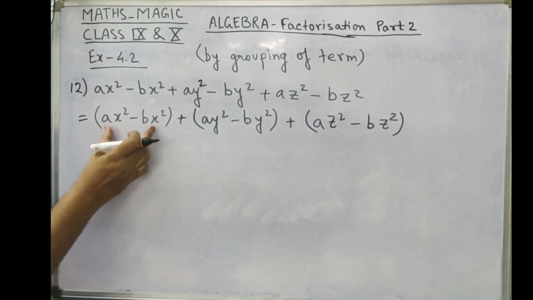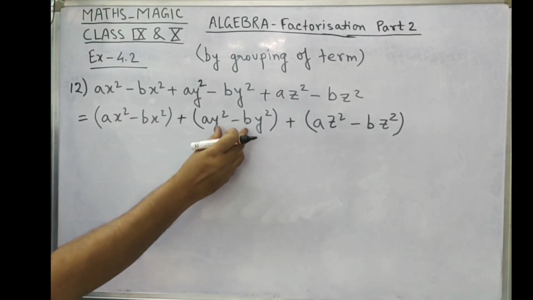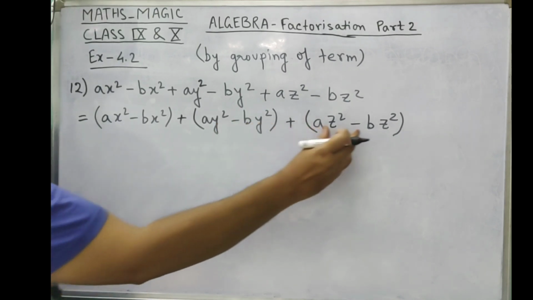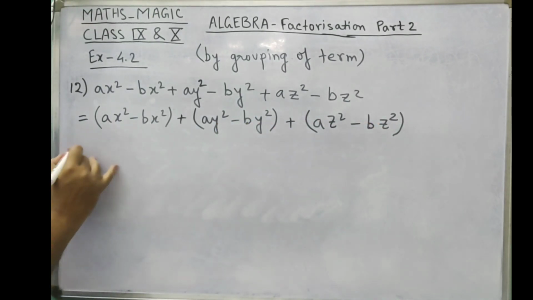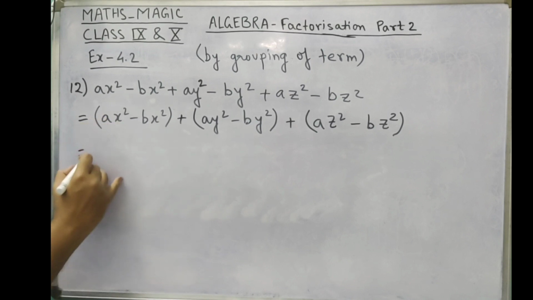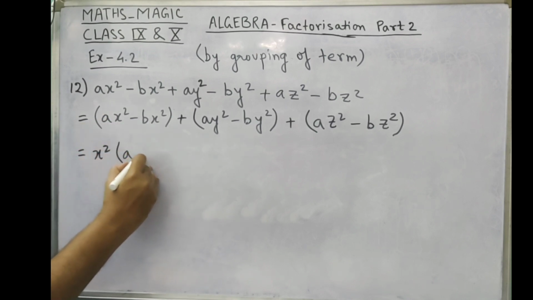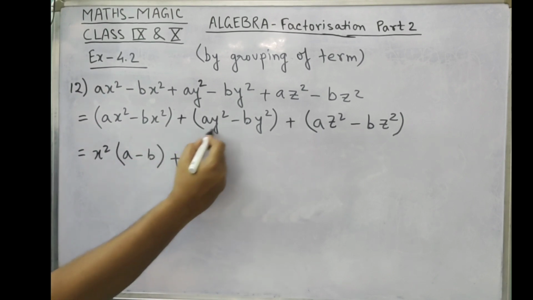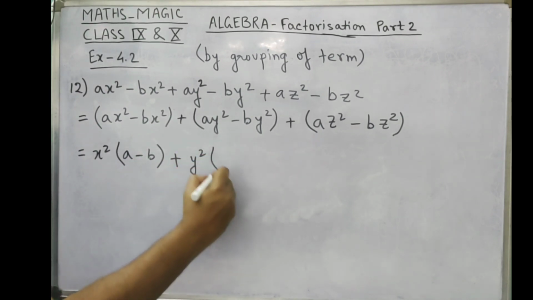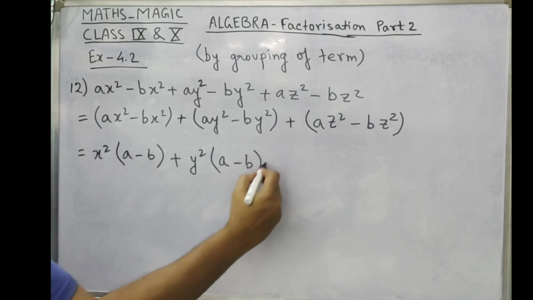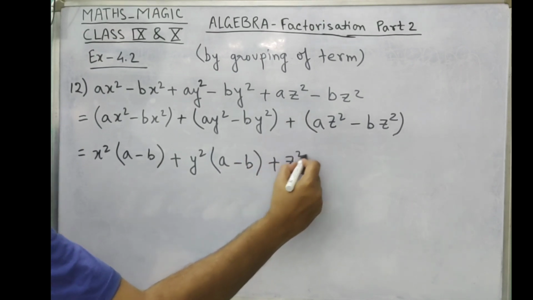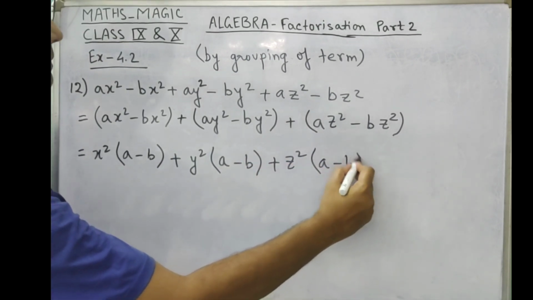Now see, this one x square common, this one y square common, this one z square common. So we'll do it individually. X square common, so I'm left with a minus b. Y square common, I'm left with a minus b. Z square common, I'm left with a minus b.